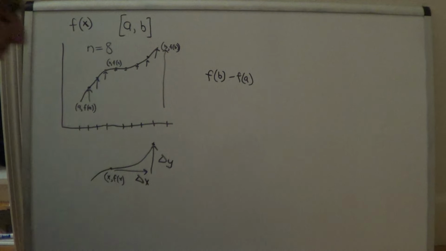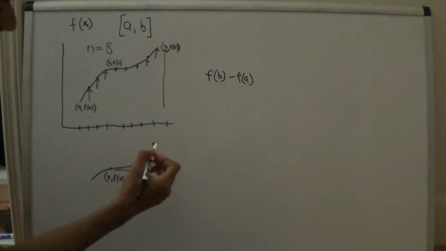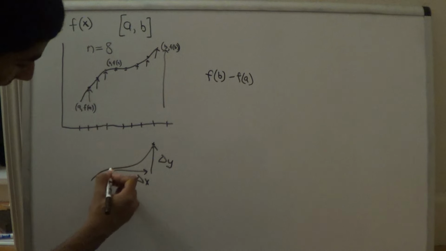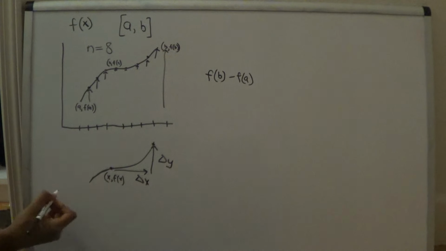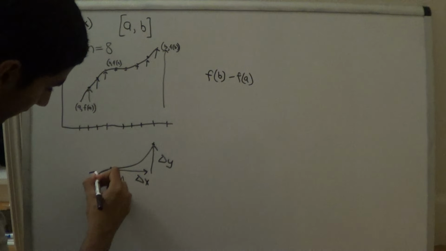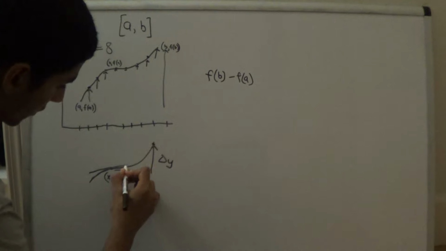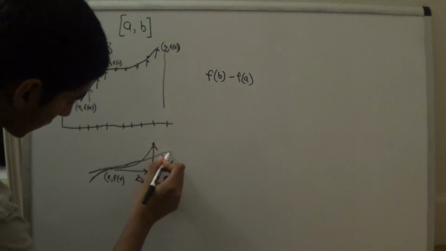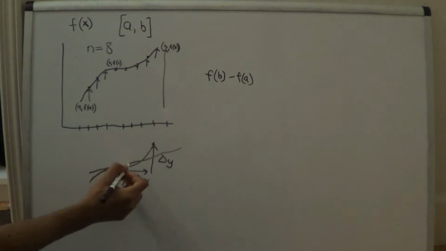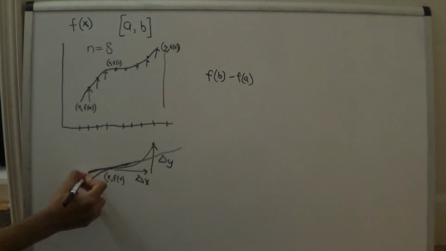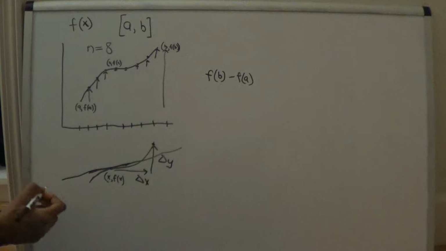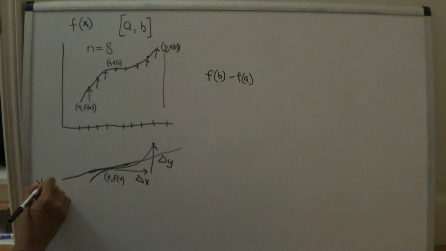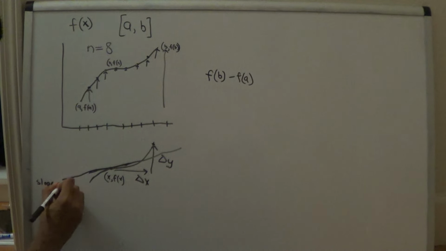Now I'm going to draw the tangent line at x right here. The tangent line should look something like this, and its slope is the derivative. The slope of this line is f prime of x.